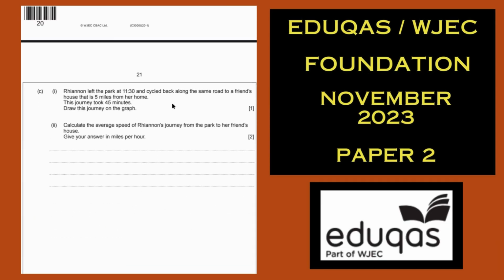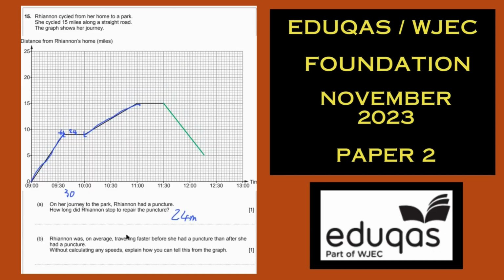Question C. You've now got to put this on the graph. The key takeaway for me is she finishes 5 miles from home and took 45 minutes. If she finishes 5 miles from home, she's going to be travelling from 15 down to 5. She's travelling 10. That's that distance there.